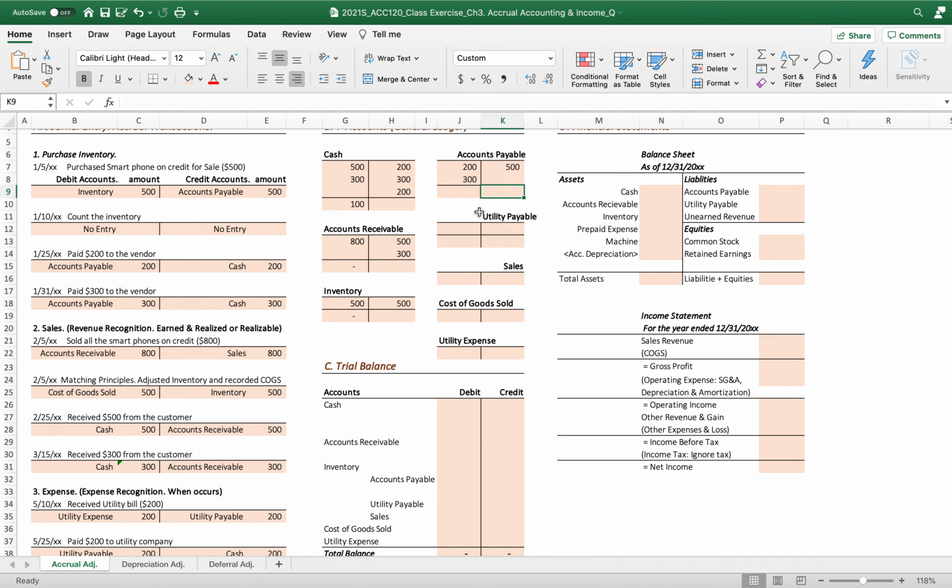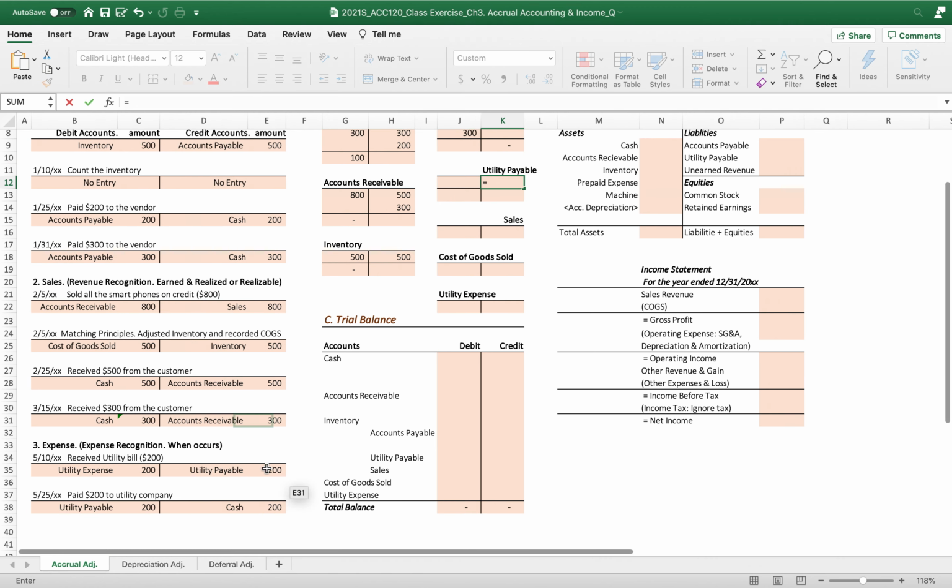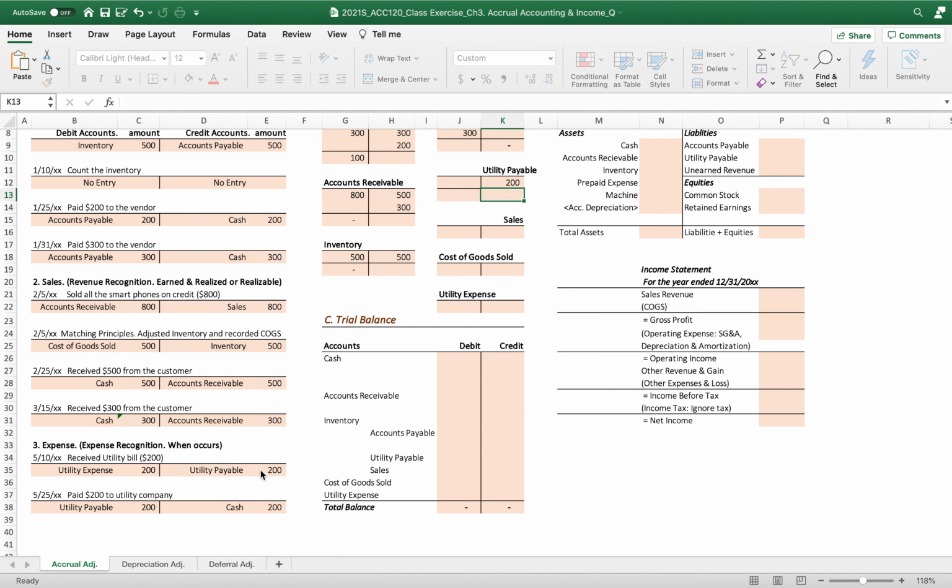So it's nothing on the balance sheet because the company paid all. And then utility payable 200 on the credit, which is a liability, and then paid out 200, all.